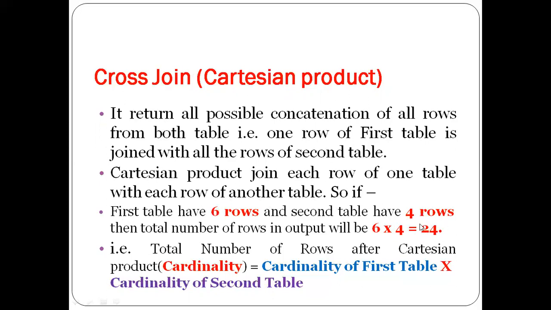The total rows will be 24, because columns also join together. So the total number of rows after a Cartesian product is the cardinality of the first table multiplied by the cardinality of the second table.